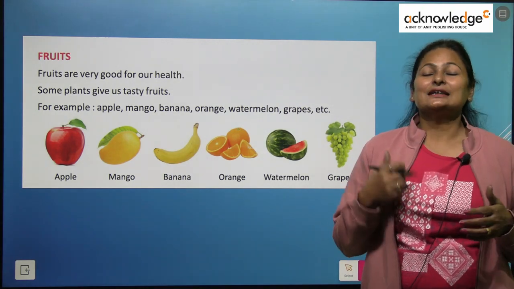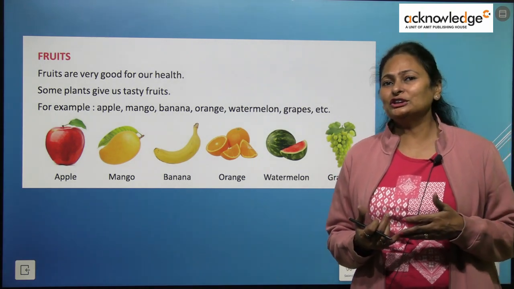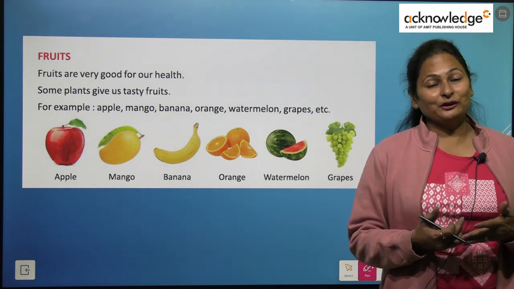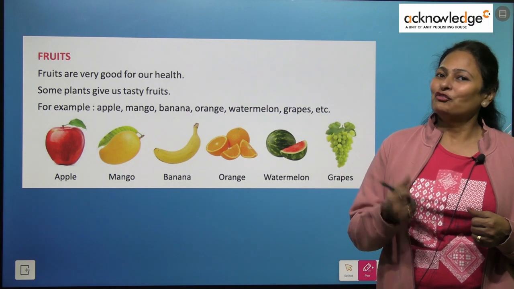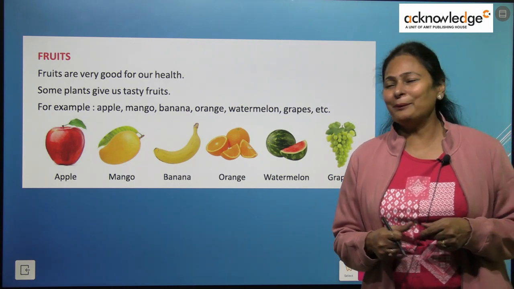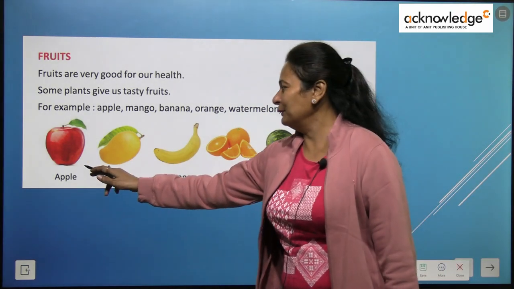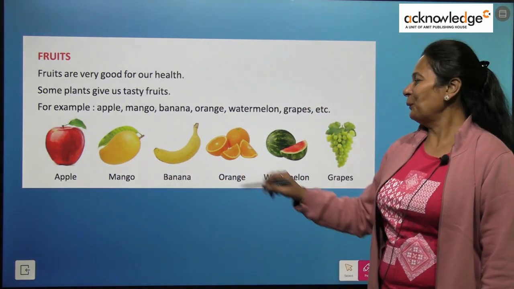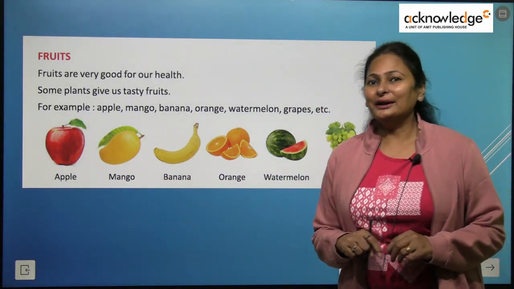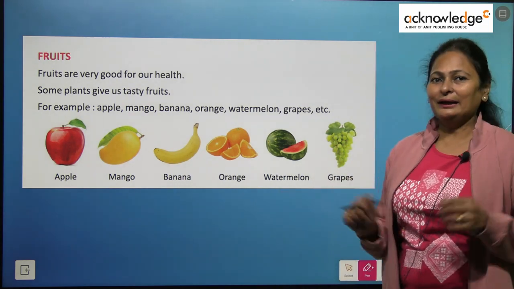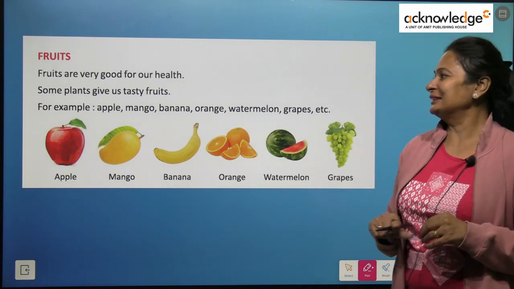And we get different types of nutrition and vitamins from the fruits. So it is advised to eat fruits on a daily basis. We see different kinds of fruits like apples, mango, bananas, oranges, watermelon, grapes, and the list is huge, right?